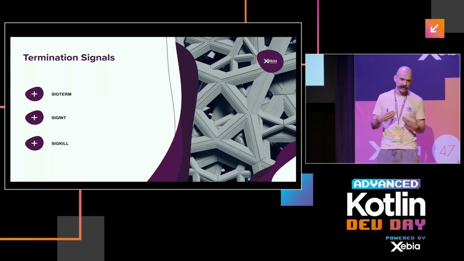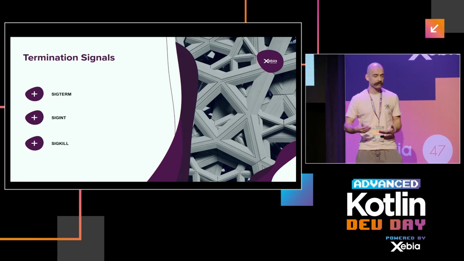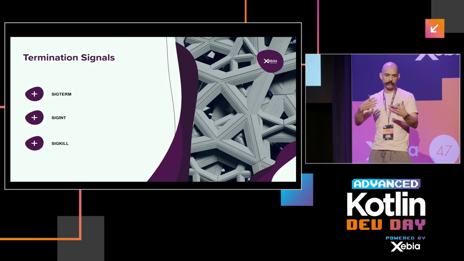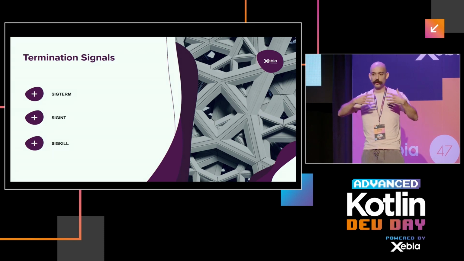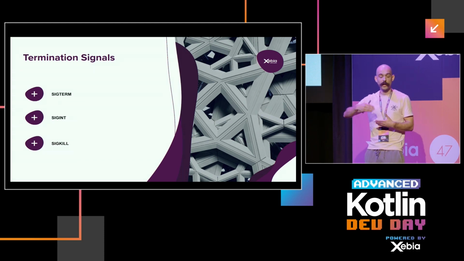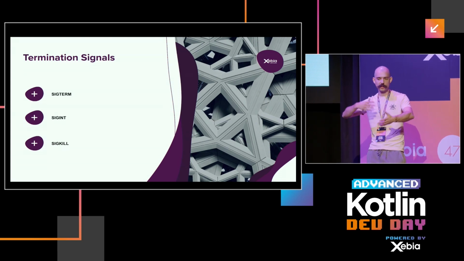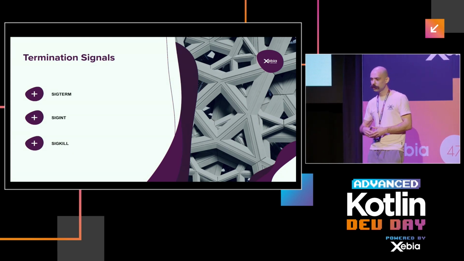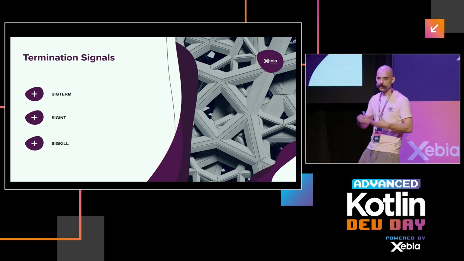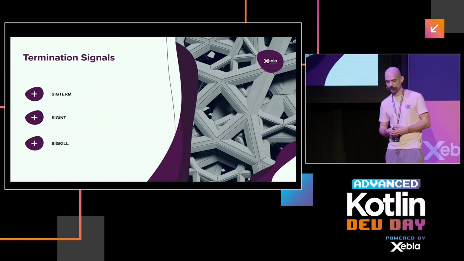SIGTERM is a signal that can be sent to a process on our operating system to say, hey, process, can you please shut down? Can you clear whatever you're doing? You're allowed to block this signal and do whatever resource cleanup and finalizing you need to do, and then eventually you should shut down or close the process.